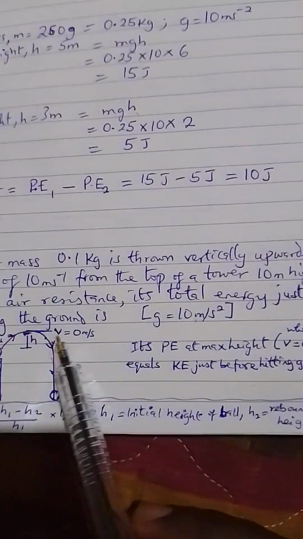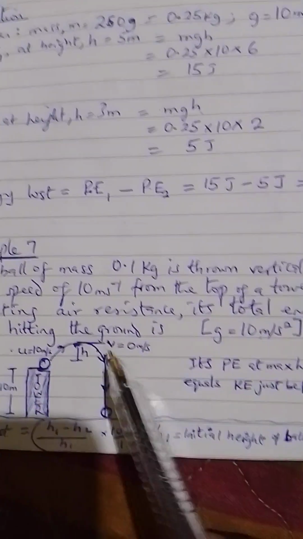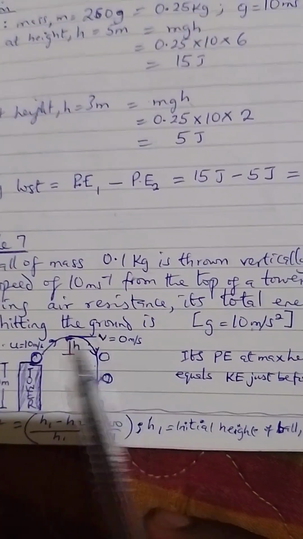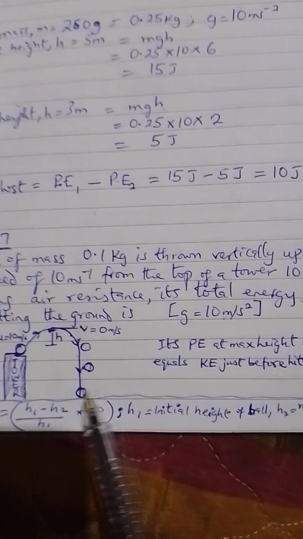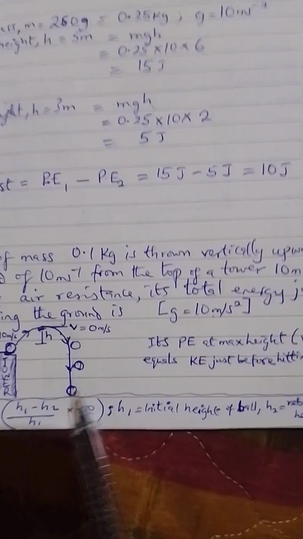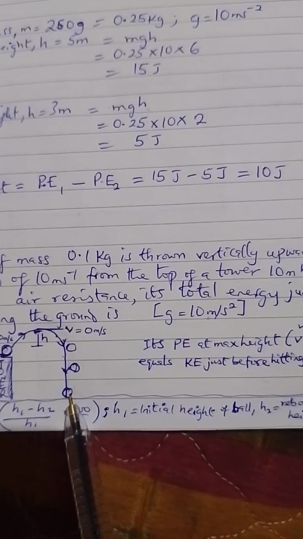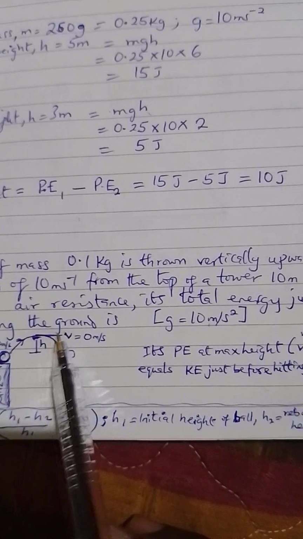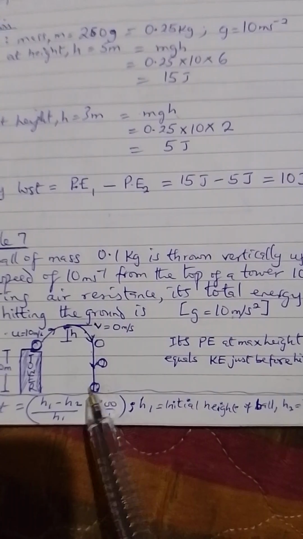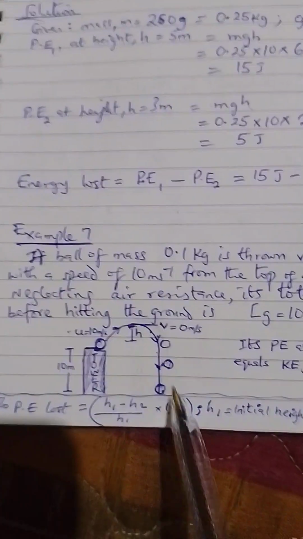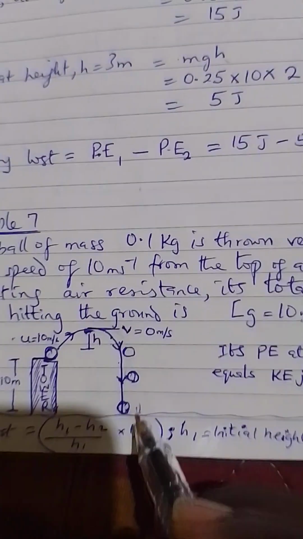Because of the law of conservation of energy, the maximum potential energy at the top should be equal to the maximum kinetic energy at this point. So if we can get the potential energy at the top, it invariably gives us the total energy just before hitting the ground.